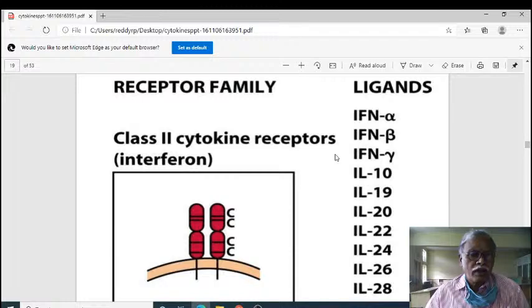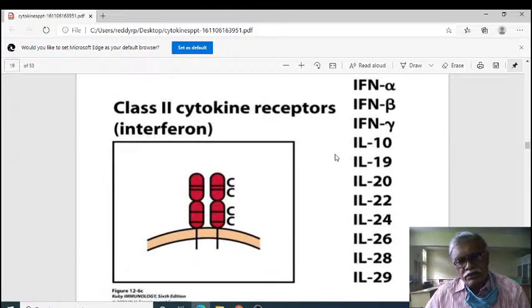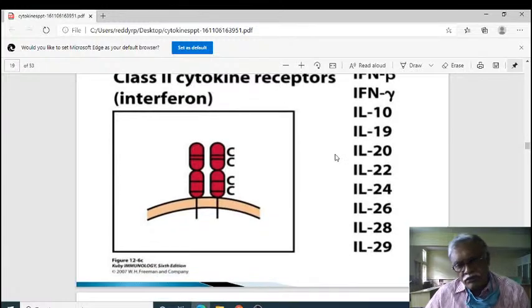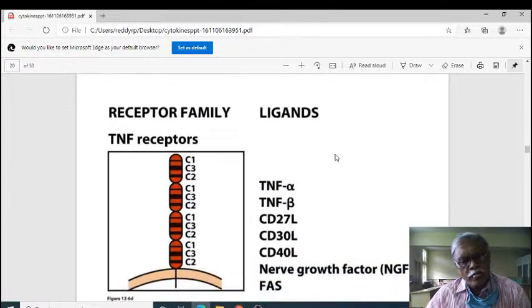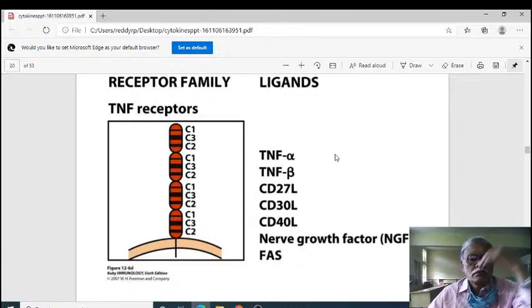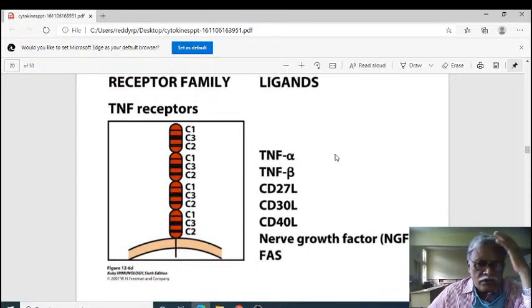The receptor family class 2 cytokine receptors bind interferon alpha, beta, gamma, interleukin 19, 10, 20, 22, 24, 26, 28, 29. The receptor family with ligands also includes tumor necrosis factor receptors.